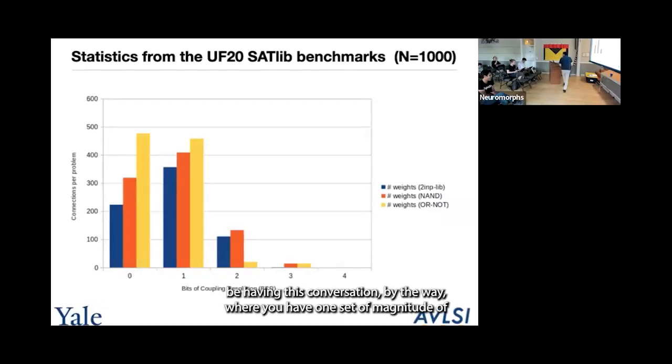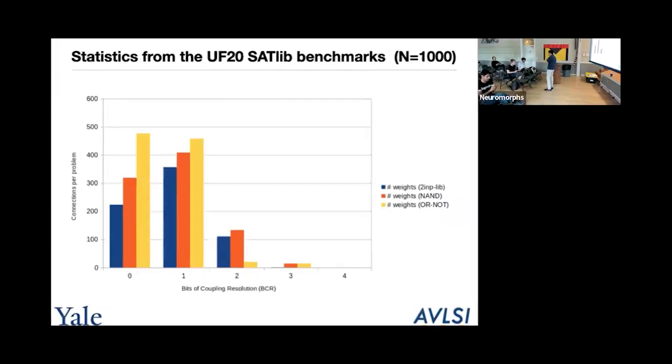By the way, where you have one bit of magnitude, is that really resolved to something that's asymmetric? No, it's not. I think I pulled out the sign bit, so there's always a sign bit. Basically you have integer weights here, and you can rescale everything you want. It's basically 0, 1, 2, 3. 0 is no weight, so I'm not even counting those.